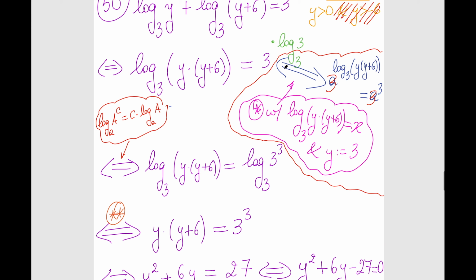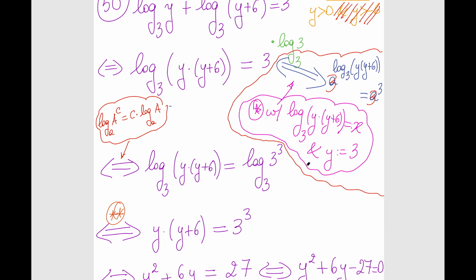Remember this technique? This guy, which was rewriting 3 as 3 to the power log base 3 of 3, and hence you can apply this principle and see this right hand side as simply log base 3 of 3 cubed. Correct? You can do it as such and continue exactly by applying double asterisk and keep going.